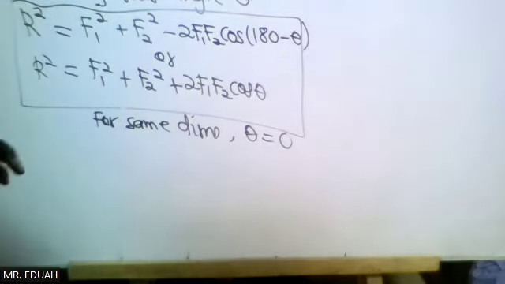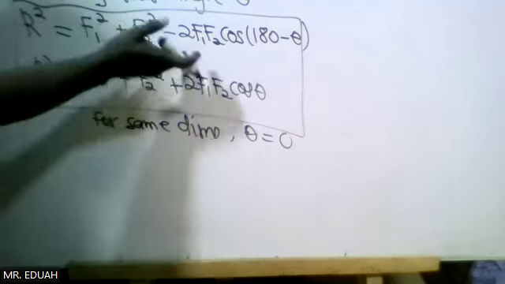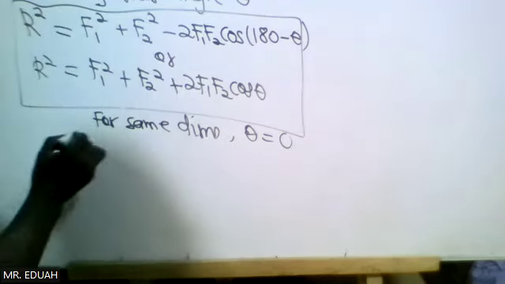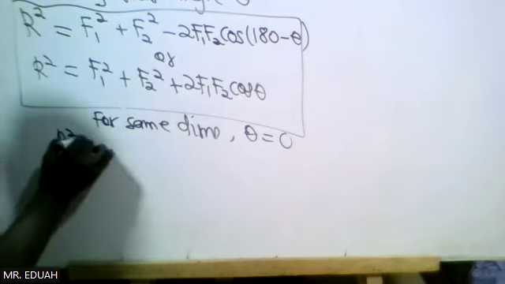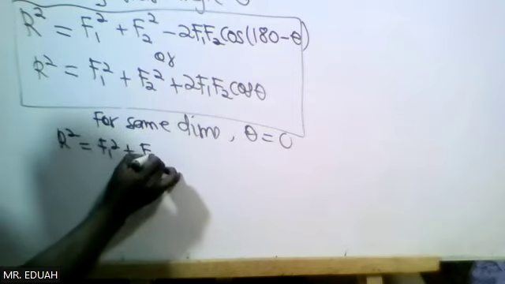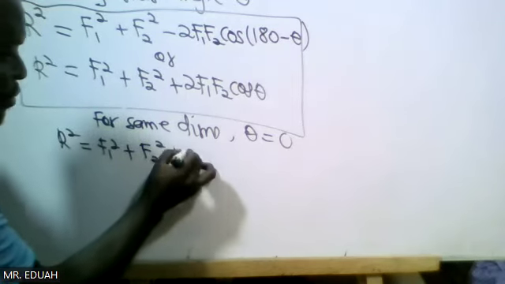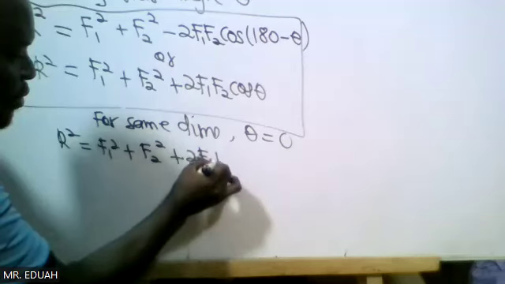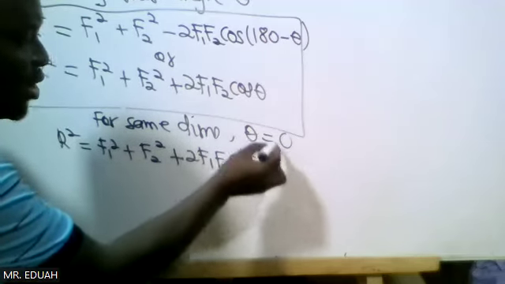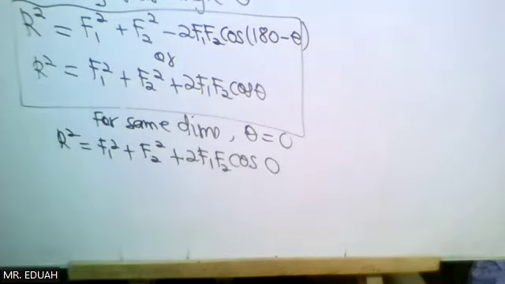If you pick any of the two formulas, whether the first one or the second one, I'm picking the second one. Then you put in the value of theta, 0.